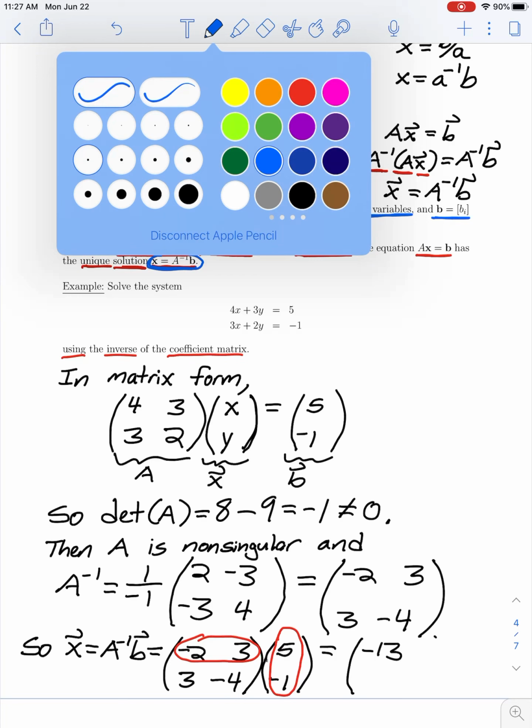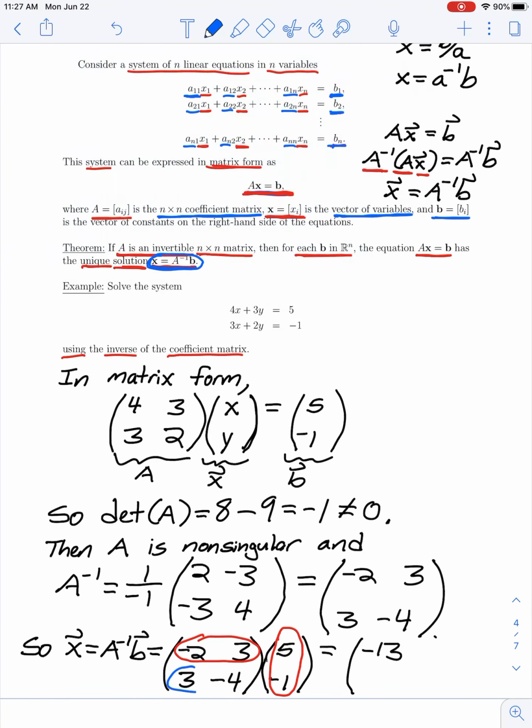And for our second row, first column, we take the dot product of the second row of A inverse and B. So here we would have 15 plus 4 is 19. So recall this vector is the vector whose entries are x and y. So the solution to this system would be the point x equals -13, y equals 19.